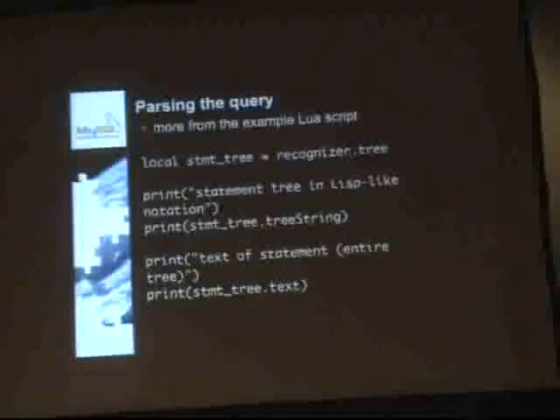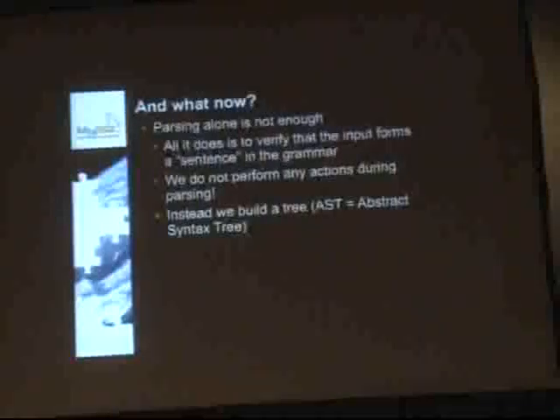You can either just get the entire text back, the low one, just access text, or get a tree string, which is the list notation of the representation of the parse tree, or abstract syntax tree. That's nice for debugging or showing off. And well, great, now we have the tree. Can't really do anything with that.